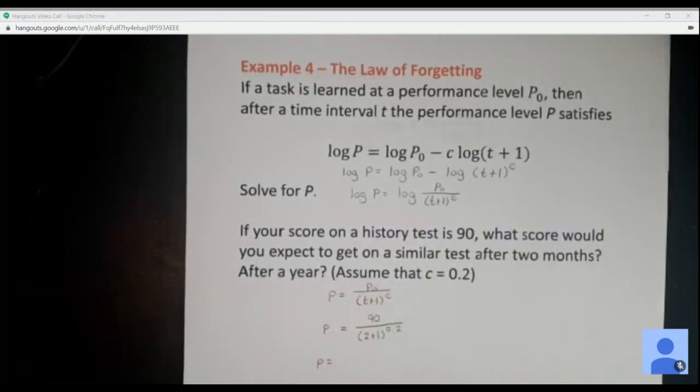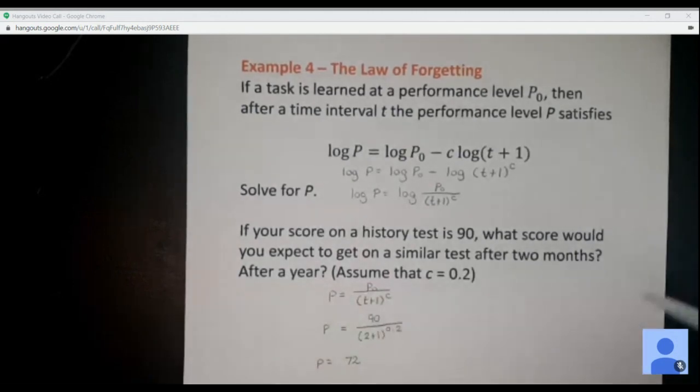So if we do that work there, what do we get? You can just round to the nearest whole number here because we're looking for a test score. 72. Good.